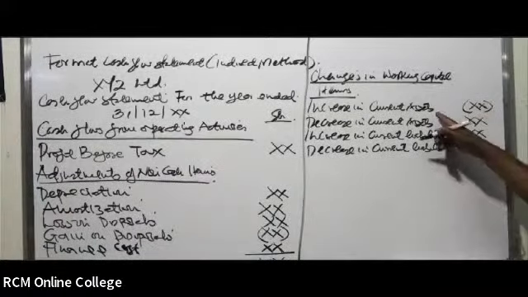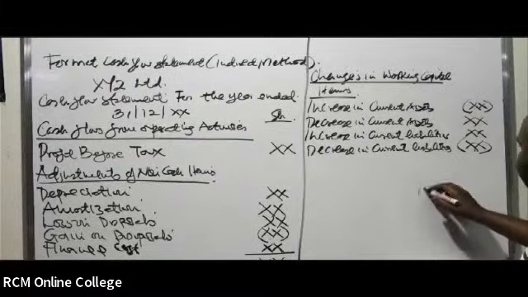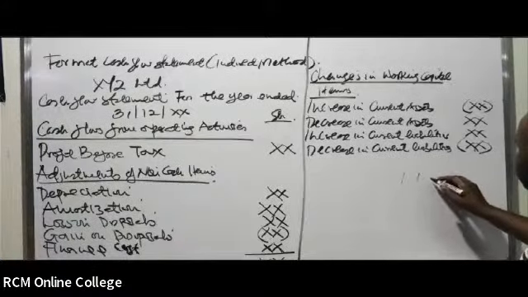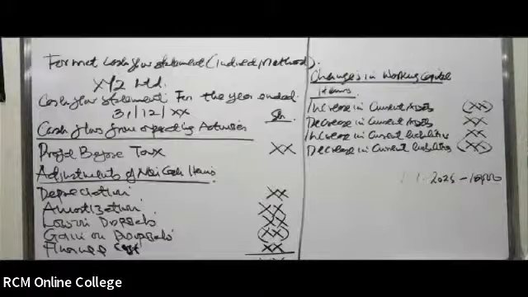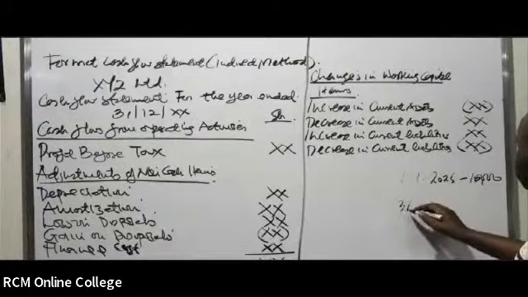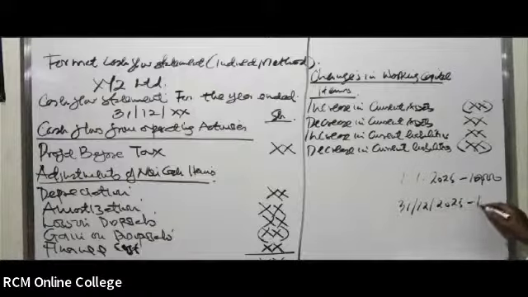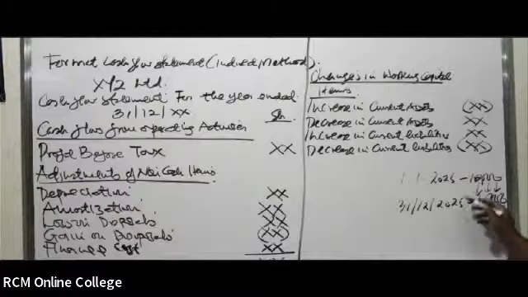For current assets, we have, for example, inventory. Maybe they can tell you on 1st of January 2025, inventory was at 10,000. Then on 31st of December, inventory was maybe 15,000. So there was an increase. You opened with inventory of 10,000, and at the end you have 15,000.